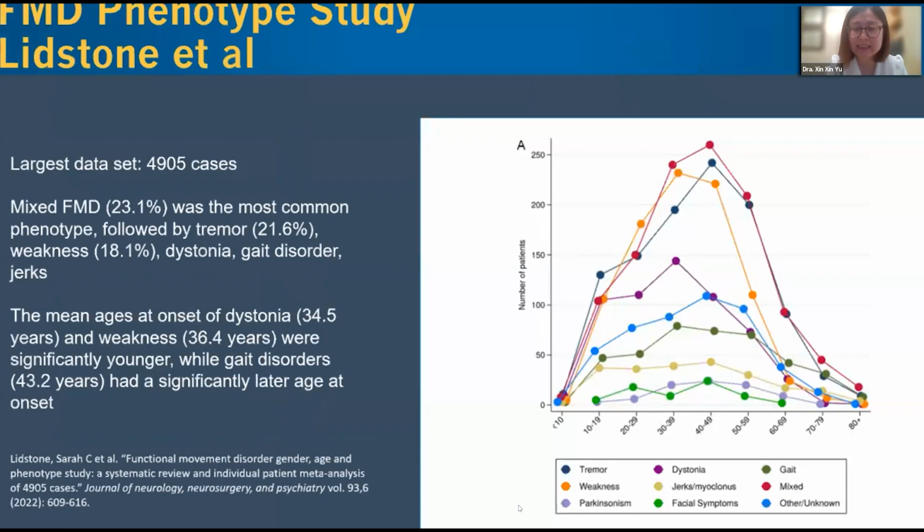In this data set, the mixed phenotype was the most common, followed by tremor, weakness, dystonia, gait disorder, and others. You can see on this graph the distribution of the phenotypes follows roughly the same trajectory in a non-normal distribution, with a peak in midlife, regardless of the number of cases for each phenotype. But it is from this study that they found that dystonia and weakness patients tend to be younger, and those with gait disorder tend to be older.